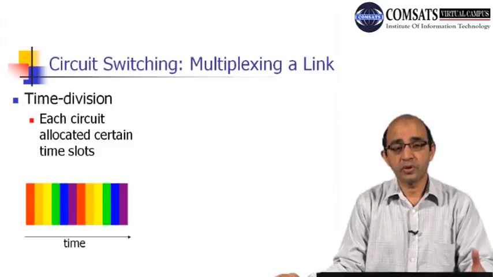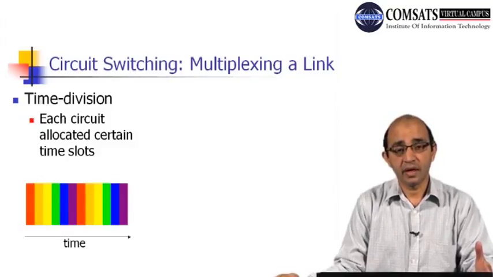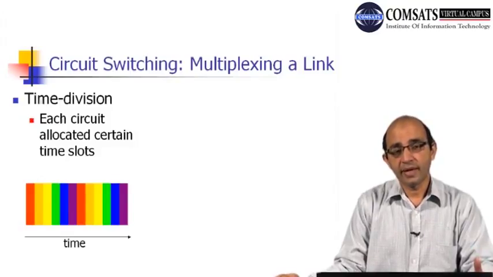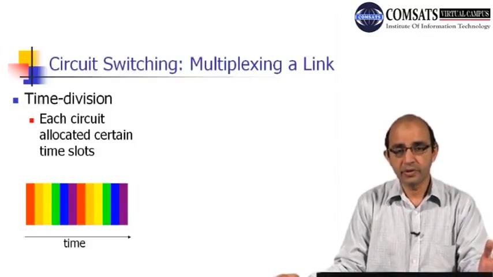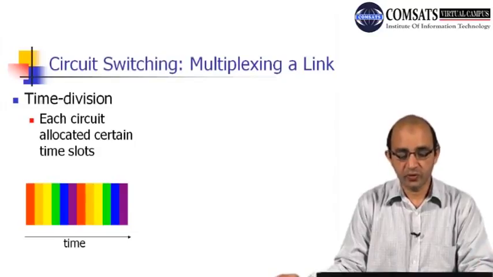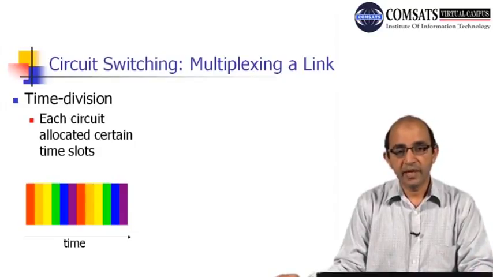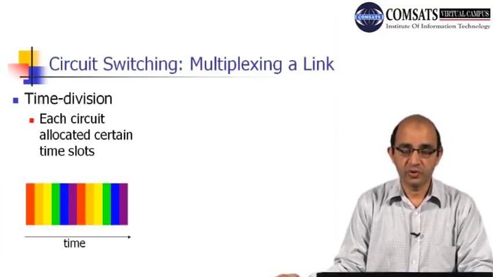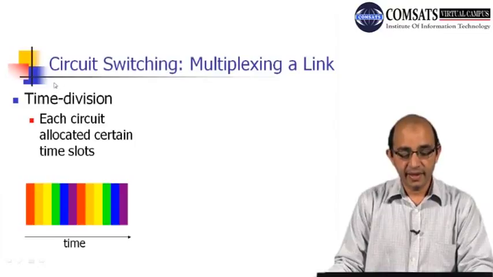If we want to support a link that can connect more than one node or more than one station, we need to multiplex those different stations onto a single link. So here we have time division, right? Each circuit is allocated certain time slots.